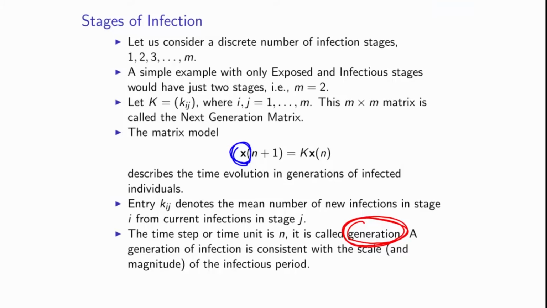There are some technical parts here about the generation time of infection, and the scale here is not necessarily every 1 day or every 60 minutes or every 24 hours. The heuristic understanding is that the time scale describes generations of infections, which are not necessarily of the same length, but the magnitude should be consistent with the infectious period.